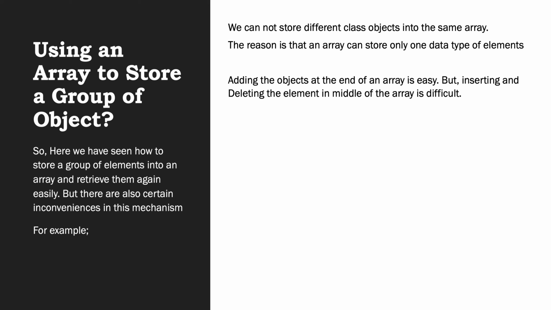The second problem we will face is that adding an object at the end of the array is easy, right? But inserting and deleting an element in the middle of the array is difficult. Why? Because there is no method available in the array to store an element at a specific position. If we want to do this, we have to rearrange all the elements of the array.